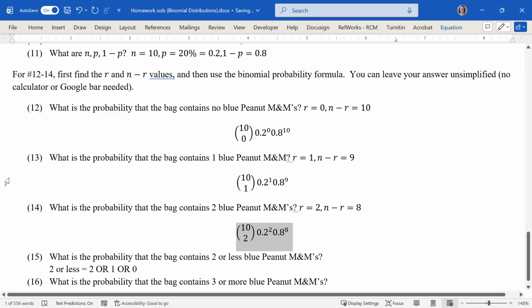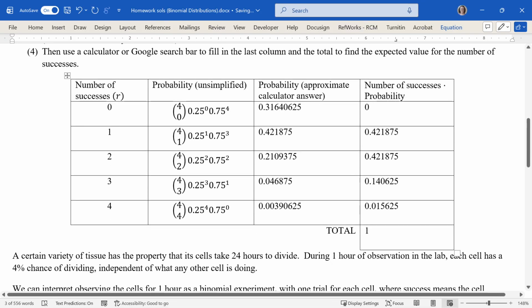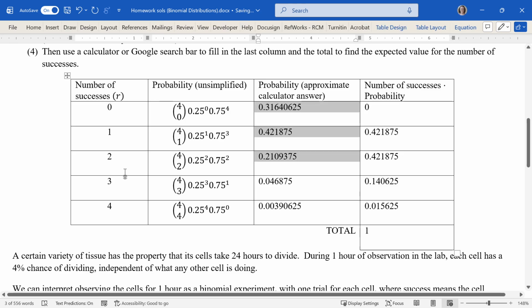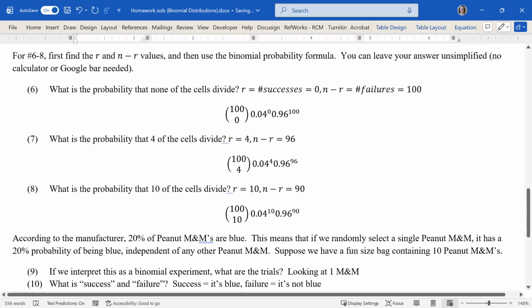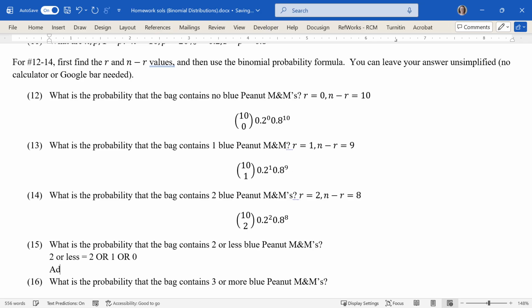That means you can just add these 3 answers together. Just like you would do if they were in a table, like if they were in this table up here and you wanted to know the probability of getting 2 or fewer hearts, then you would add these 3 together for 2 or fewer. All right, so we're just going to add together those answers.